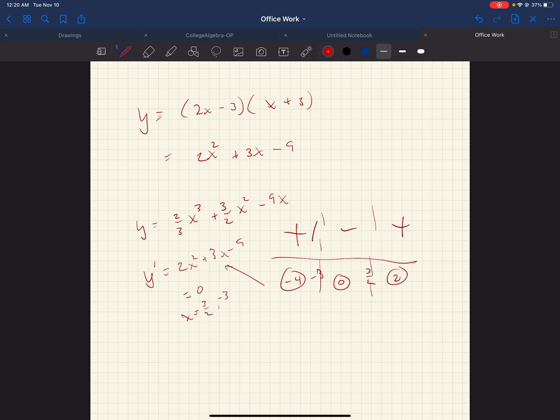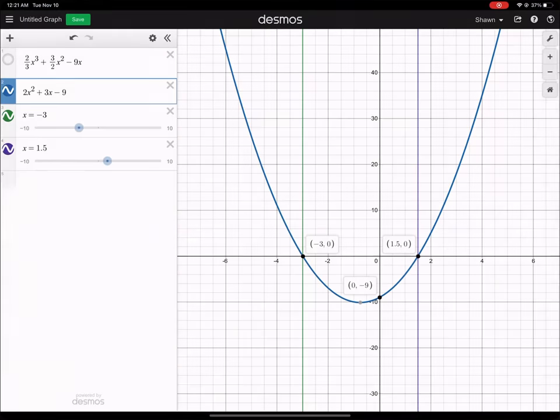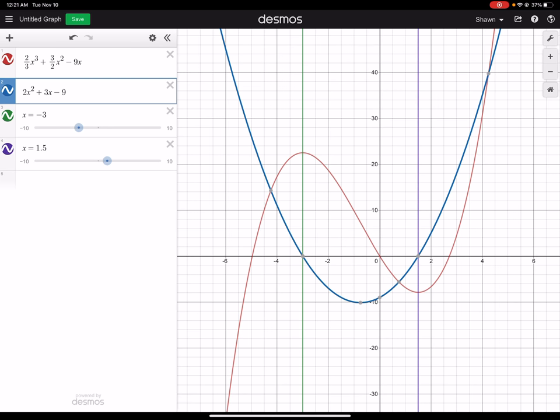Now, if it increases and decreases, there should be a max at -3. And if it decreases and then increases, there should be a min at 3/2. So we set a max at -3. Oh, yeah, right, there's a max at -3 and a min at 3/2, or 1.5.